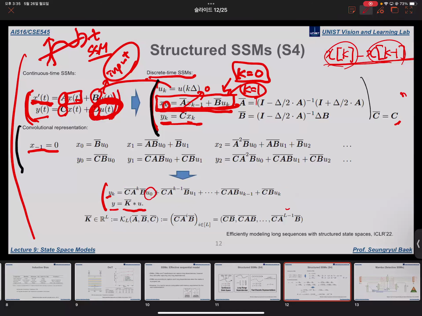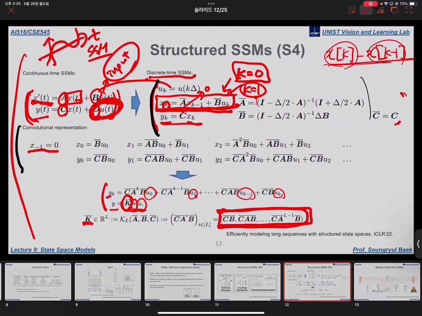So this u is the input signal, so that comes in here for the entire input signal. And that can be interpreted as applying some filter kernel, a convolution operation, on the input signal. And that convolution filter is actually having these values.